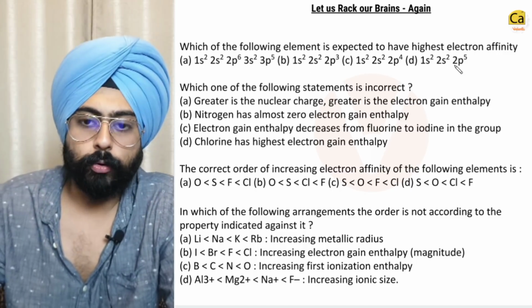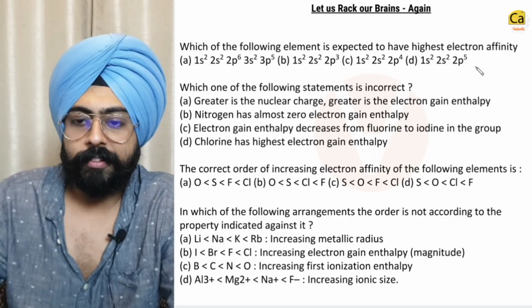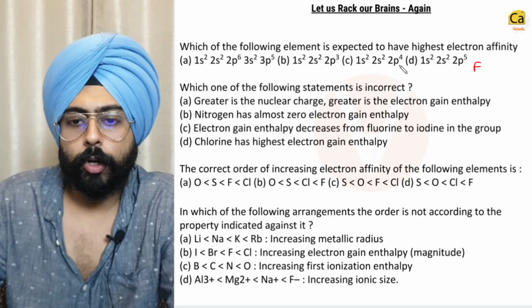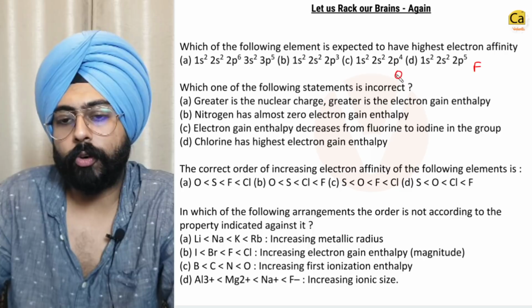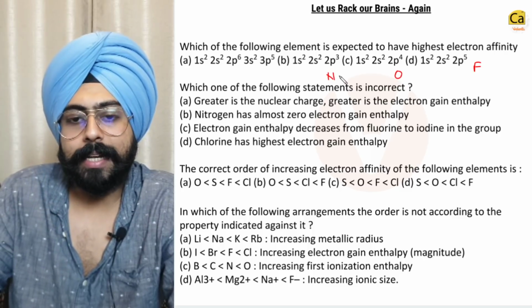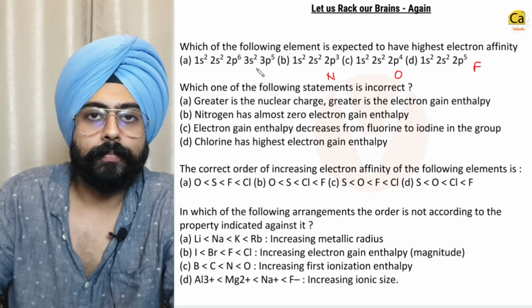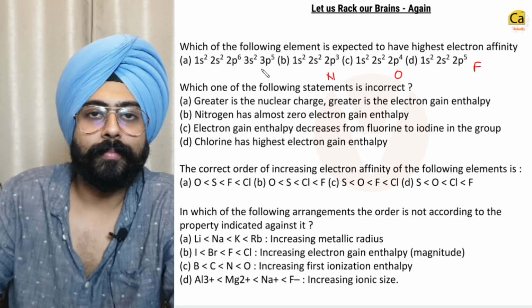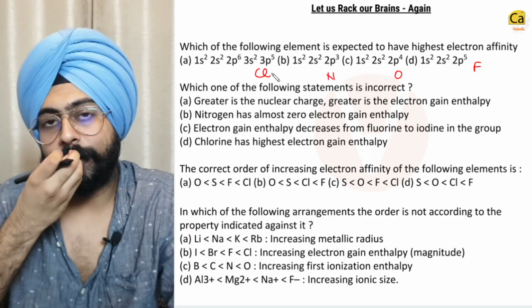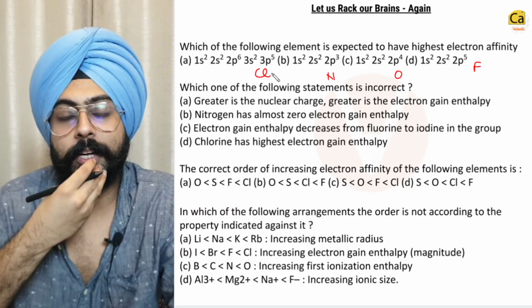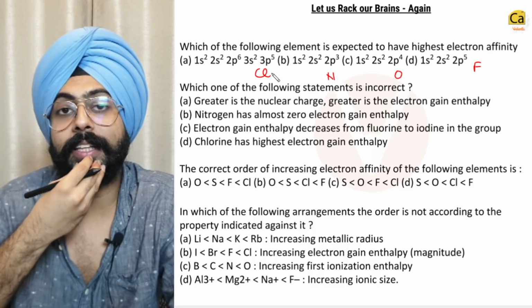So let's just try to write what these elements are. 2p5 is a fluorine. 2p4 is an oxygen. 2p3 is a nitrogen, and this guy is chlorine. If you remember, we have talked about it in the previous class that chlorine has more electron affinity than fluorine.